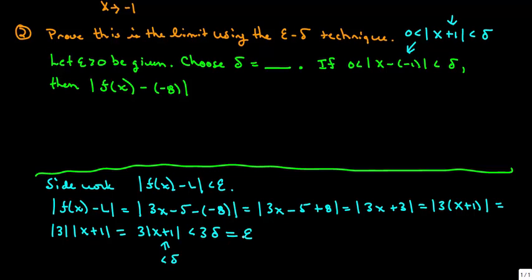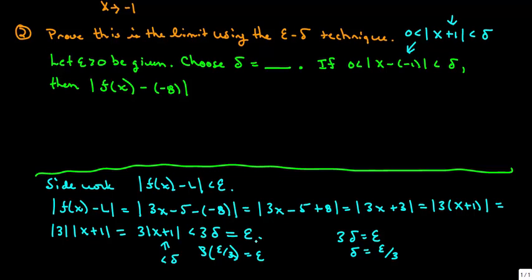So 3 delta is equal to epsilon, which means delta is equal to epsilon over 3. I've now figured out that if I pick delta to be epsilon over 3, then 3 times delta is equal to epsilon. Watch, because if delta is epsilon over 3, then this becomes this, and these cancel out, and it's equal to epsilon.